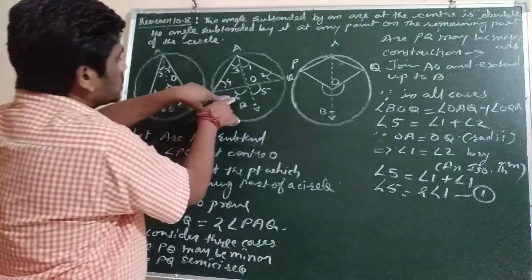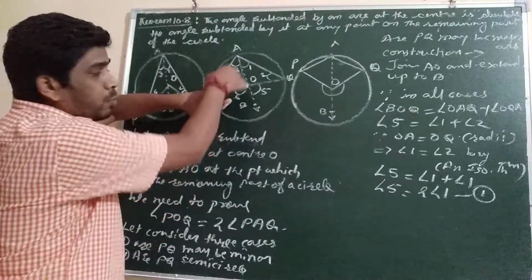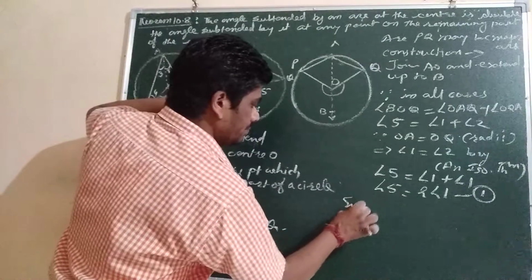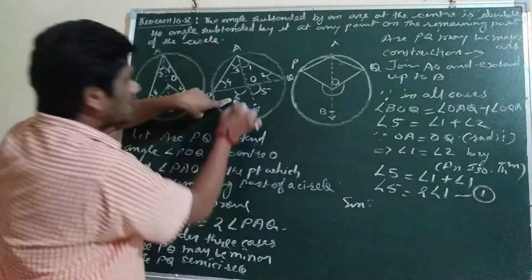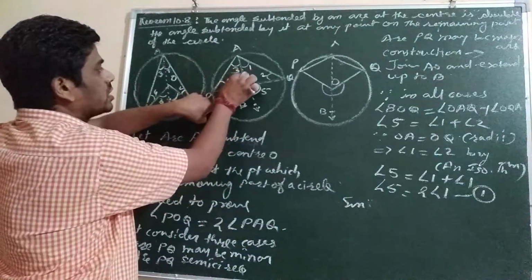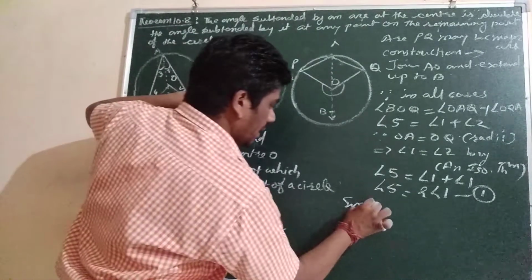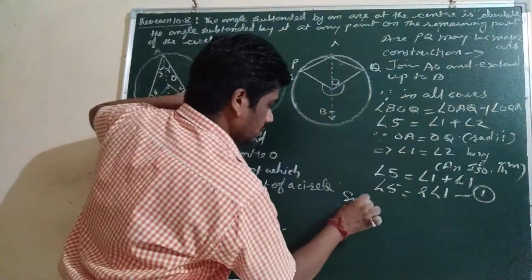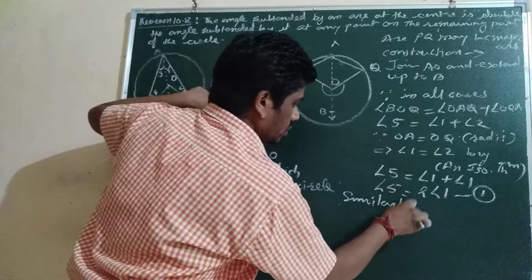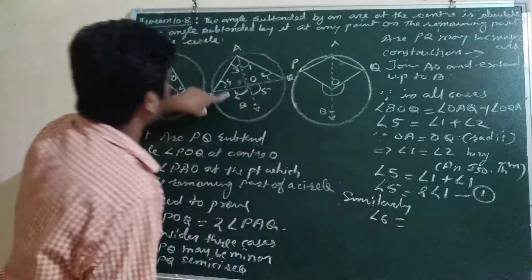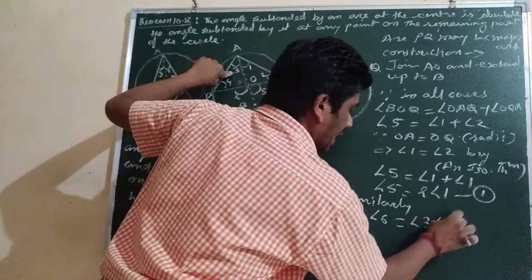Similarly, here angle 6 also we can write as angle 3 plus angle 4, the same exterior angle. This is the exterior angle for this triangle. So similarly, angle 6 will be equal to angle 3 plus angle 4.